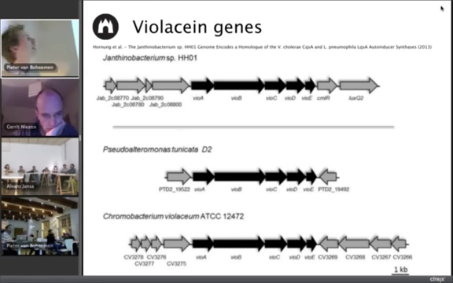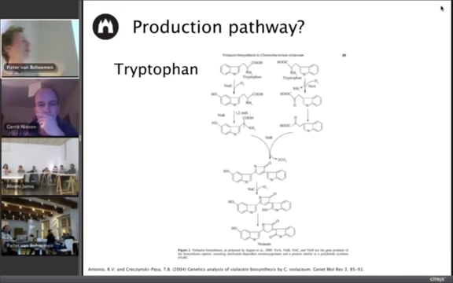It's actually derived from tryptophan, and that is an amino acid. So that's a very basic compound in the cell.